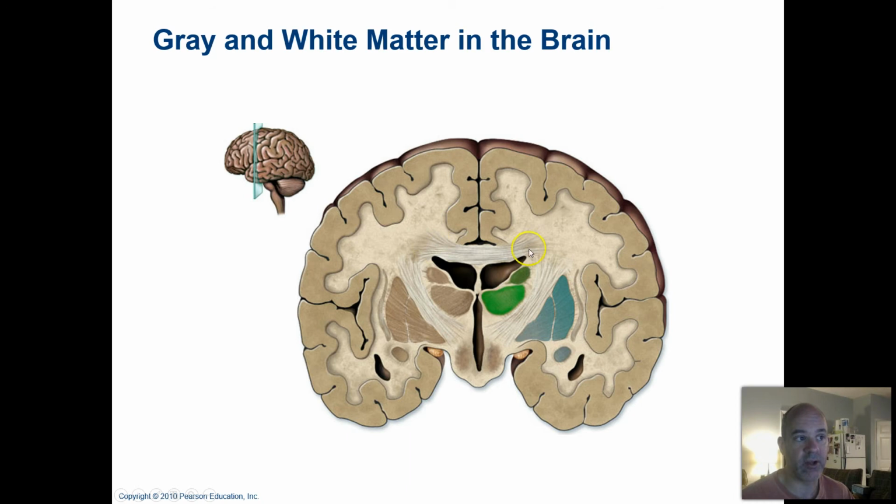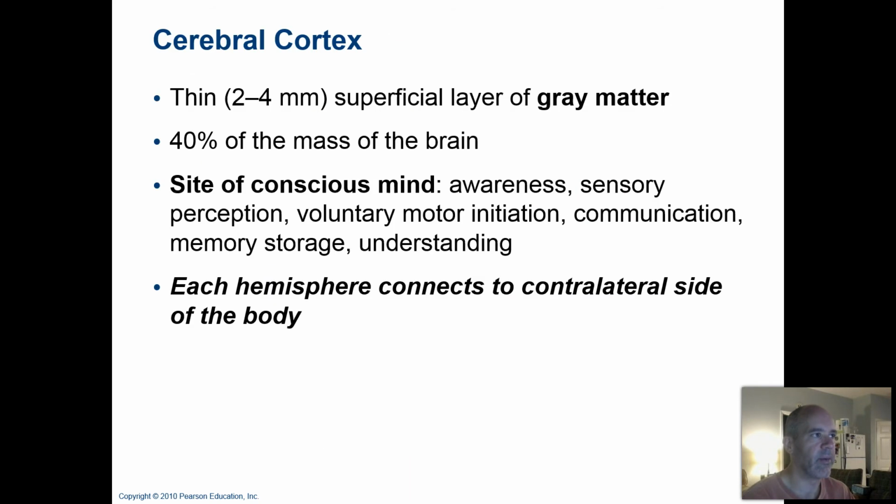That is a location where you have a lot of crisscrossing of nerve fibers, myelinated axons, from one side of the brain to the other. And then in earlier video lectures, we saw how you can have axons extending downward from the brain down into the spinal cord. At some point, they cross over from left to right or from right to left. So that's why the left side of the brain tends to control the right side of the body, and the right side of the brain tends to control the left side of the body.